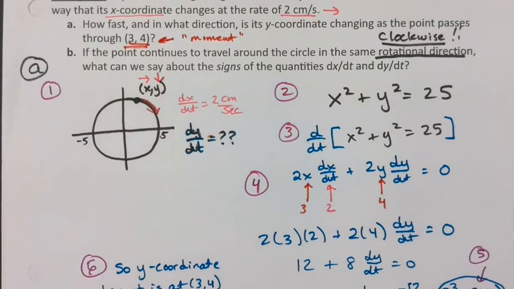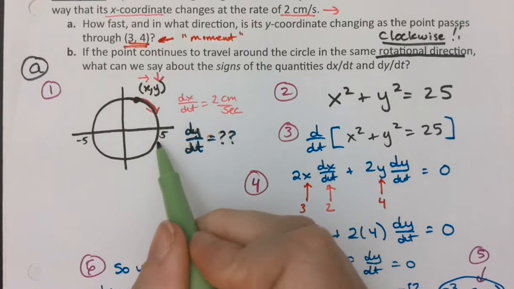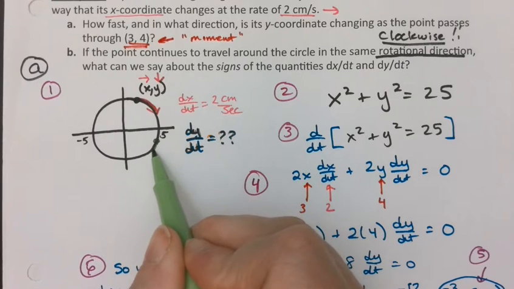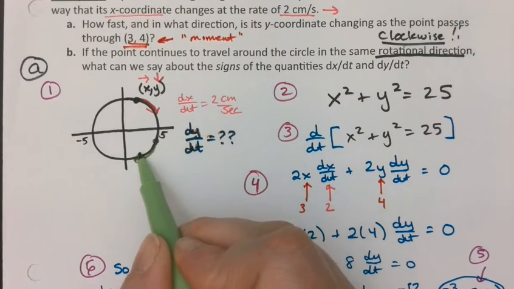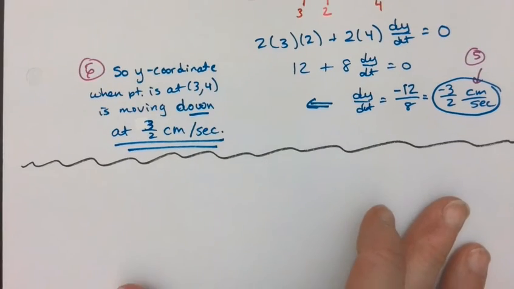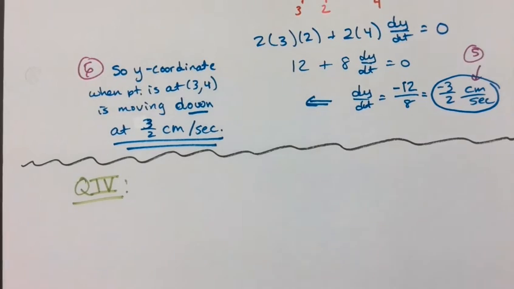Okay, so let's keep going. Let's start moving clockwise around this thing. If we go around and we get to this section right here, we would go this way, right? So we take a point and go that way with it. So in quadrant 4, let's consider it.